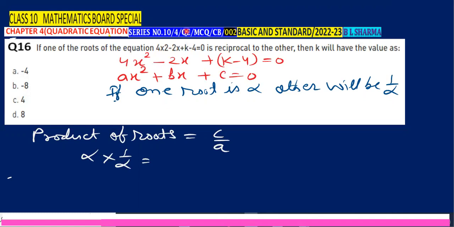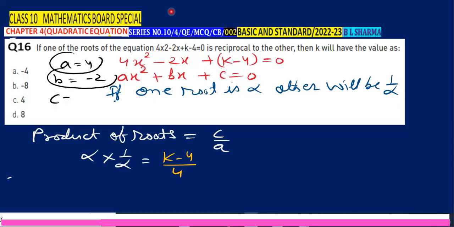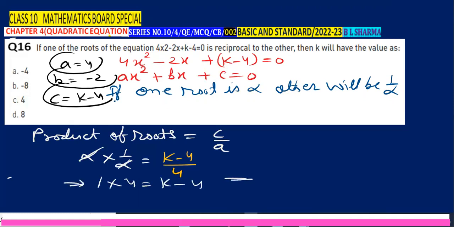When we compare, a is equal to 4, b is equal to minus 2, and c is k minus 4. So alpha alpha cancel, 1 into 4, that is k minus 4. So k will be 4 plus 4, that is 8.